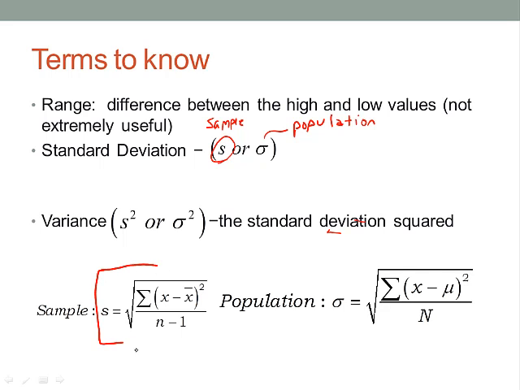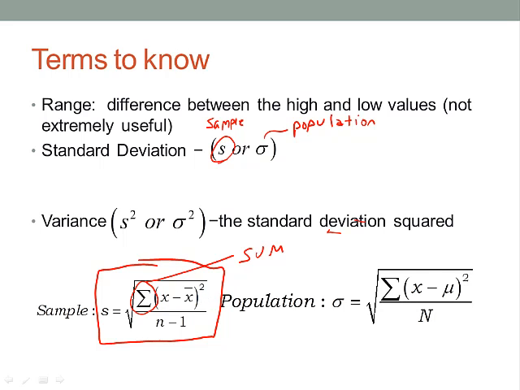Okay, the formula may look somewhat intimidating. So here is the sample standard deviation formula. It's a square root of, and this little sigma right here just means sum. So we're going to take the x value, whatever data point it is, subtract it from the mean, and then square it.